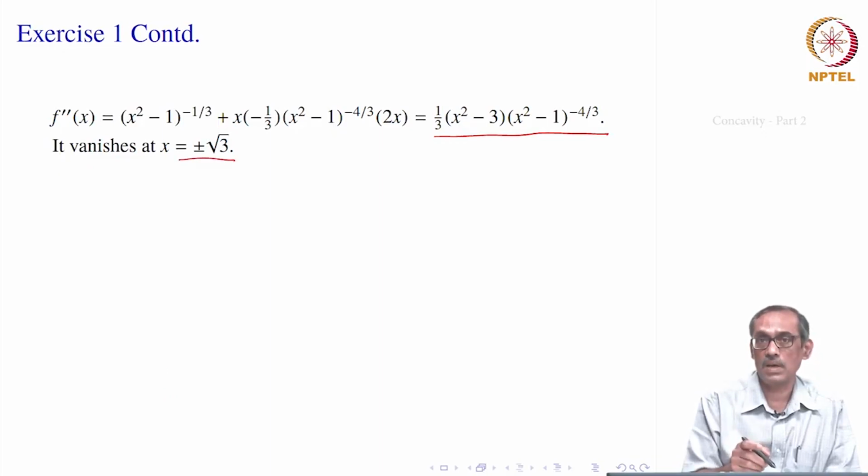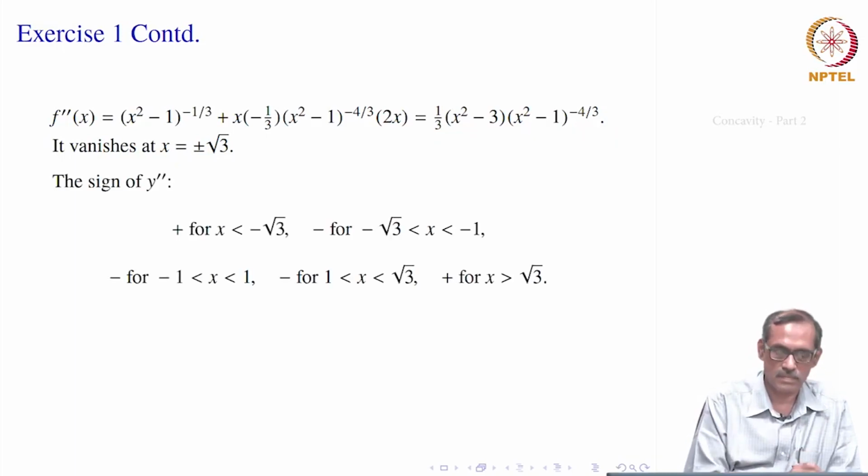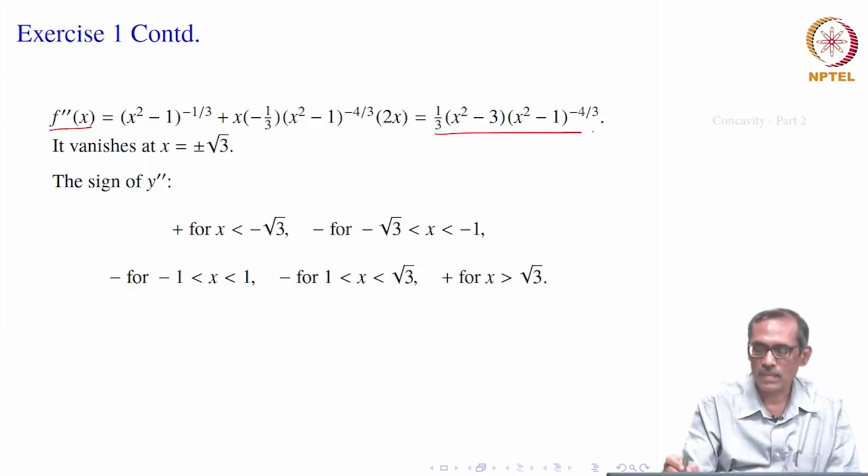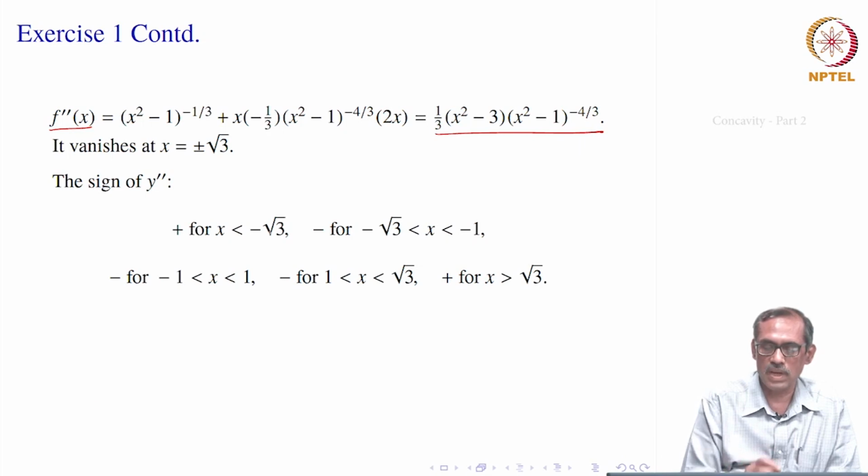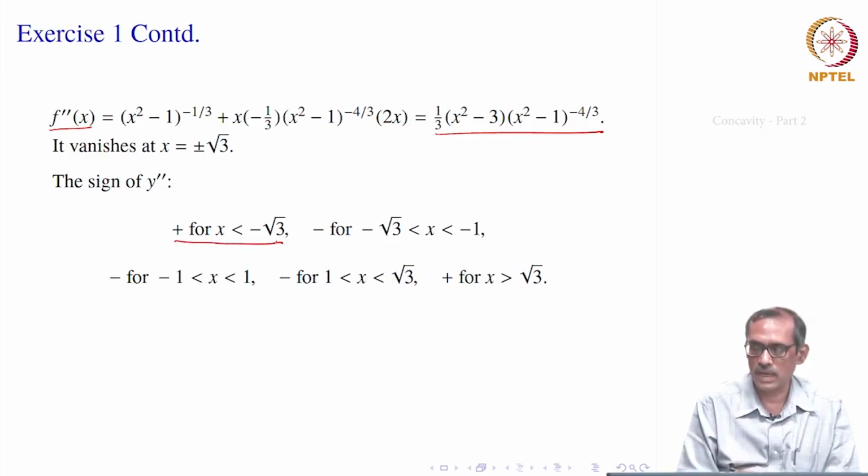So, these are possible points of inflection, we do not say it is a point of inflection, because f double prime may or may not change sign there, but that we have to discuss. Okay. So, what about the sign of f double prime x? If we take x less than minus root 3, we have now 2 points minus root 3 and root 3. So, we will find that it is positive for x less than minus root 3.